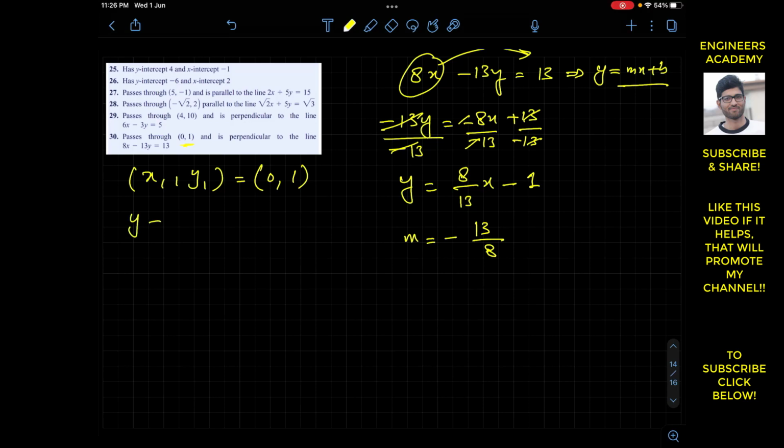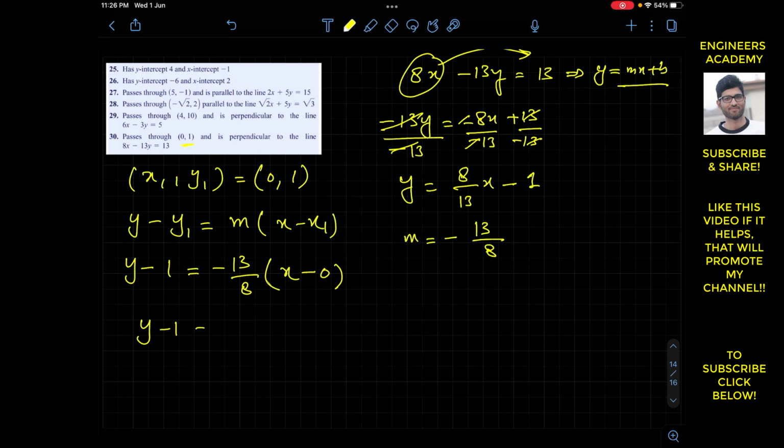That equation is y minus y1 equals m times (x minus x1). So now y minus y1 is y minus 1, the slope is minus 13 divided by 8, and x minus 0, since x1 is 0. So this is y minus 1 equals minus 13 divided by 8 times x minus 0.